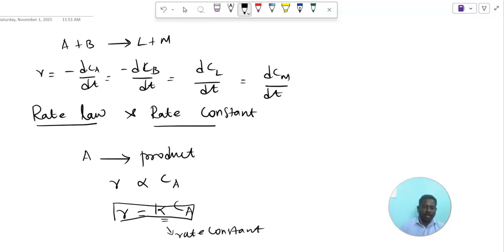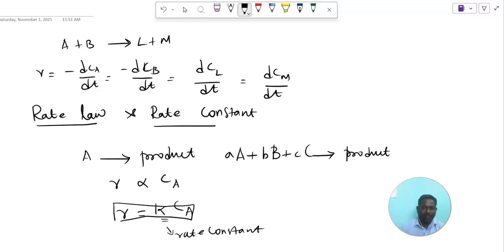Suppose take a reaction with coefficient: a moles of A reacts with b moles of B plus c moles of C gives product. How to write rate law for this?